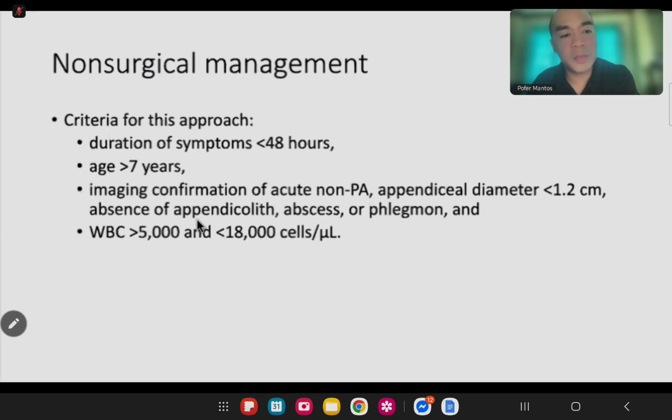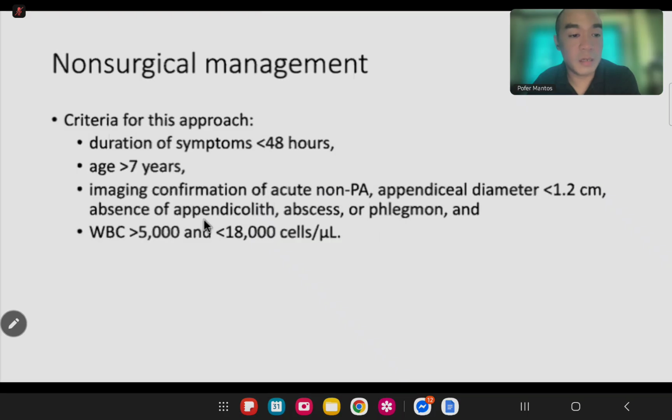For non-surgical management, it can be done, no, for patients whose symptom duration is less than 48 hours and who are more than 7 years of age. And via imaging, the appendiceal diameter is not that dilated, no?